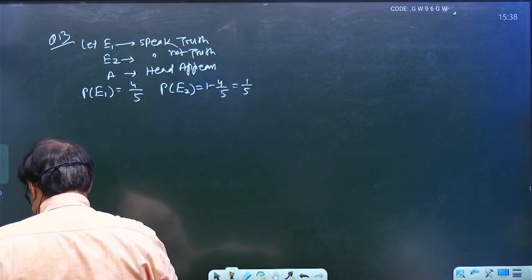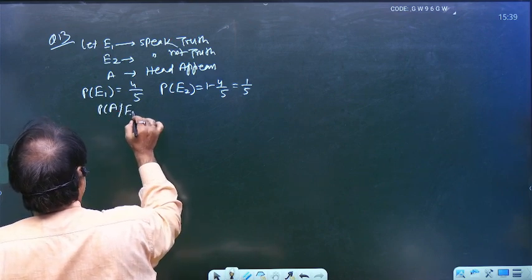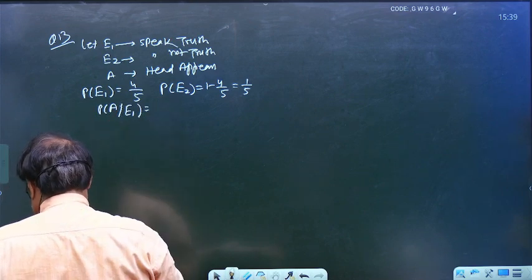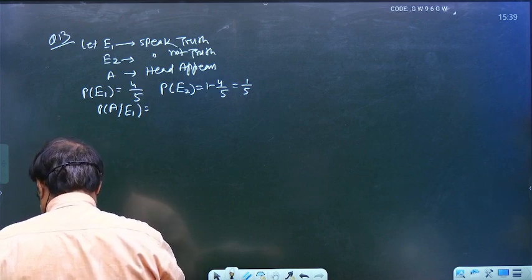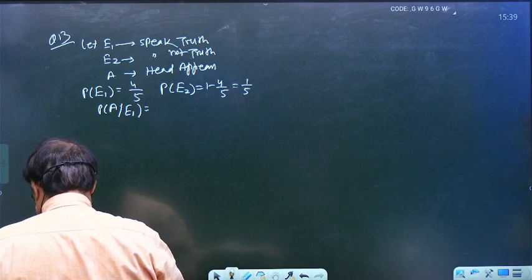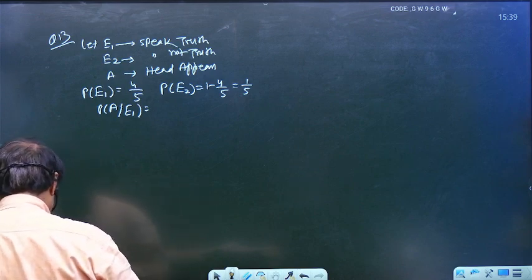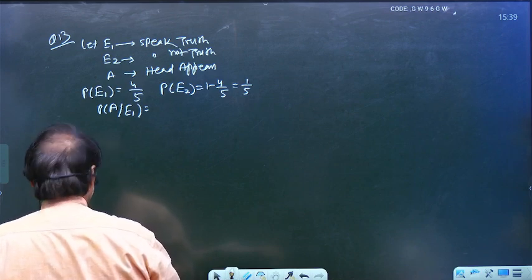Okay, and probability of A by E1, in both the situations, actually there was a head.